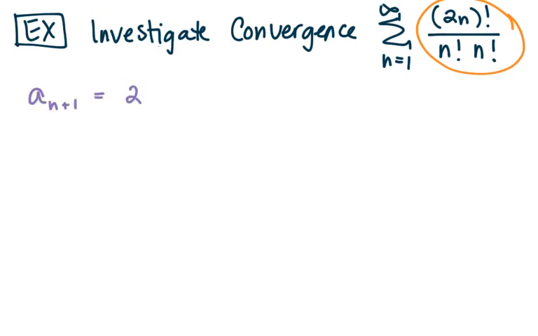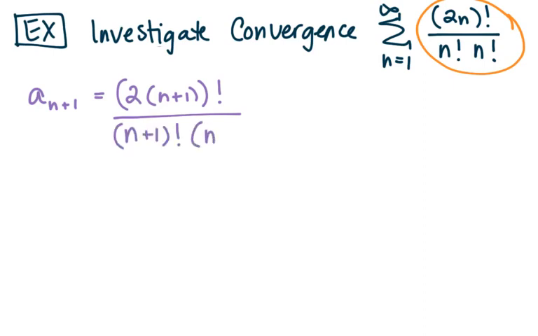So that would be 2n plus 1, that entire quantity factorial, over n plus 1 factorial, n plus 1 factorial. So let's set up our ratio here. Absolute value of, I'm going to distribute right there. So that's 2n plus 2.